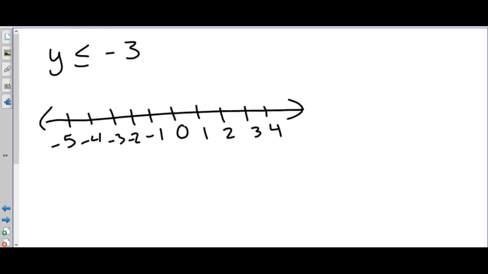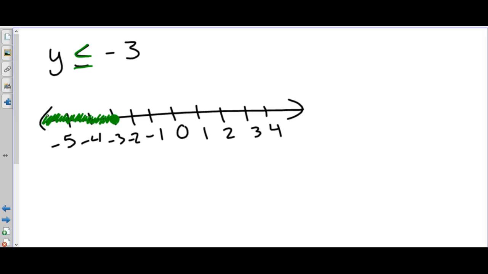We have to decide from this less than or equal to symbol, are we going to have an open or closed circle, and are we going to shade to the left or to the right? So since it is equal to the line underneath, we put a closed circle. And since it is less than, we shade to the left. So that is our graph.